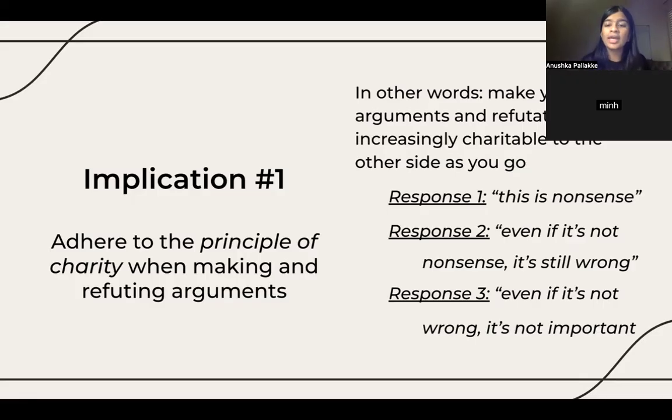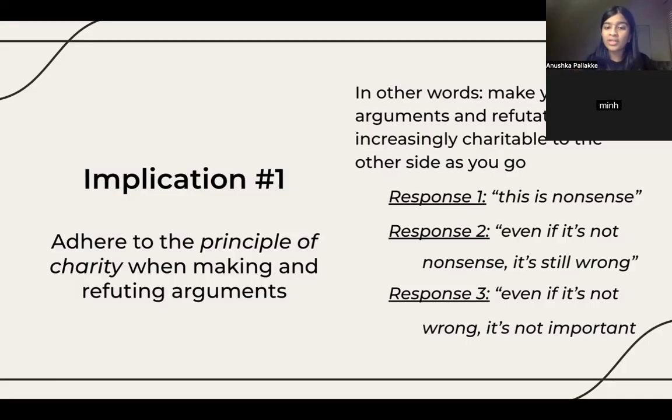The second reason you want to be charitable as you go instead of starting out charitable is that if in my very first response I say, even if this is not wrong or nonsense, it's just not important, now I've already done two segments of the work for my opponents. They no longer have to prove why their argument is not nonsensical or why it is not wrong.